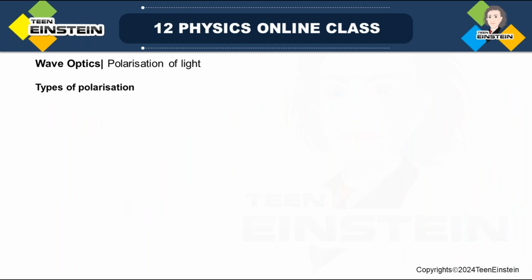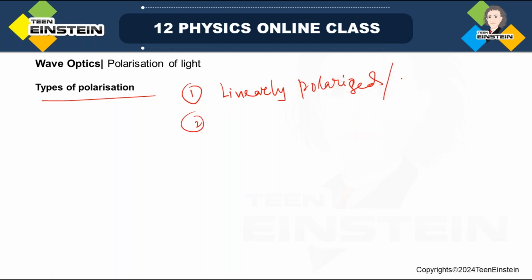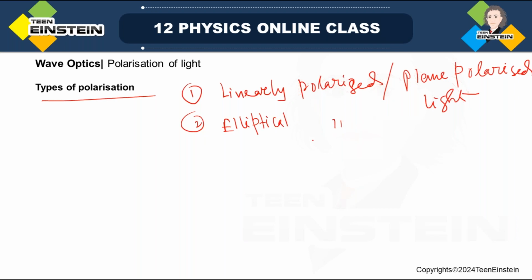Now, the type of polarization can be of different types: linearly polarized light or plane polarized light, which I'll explain, then elliptically polarized light and circularly polarized light.